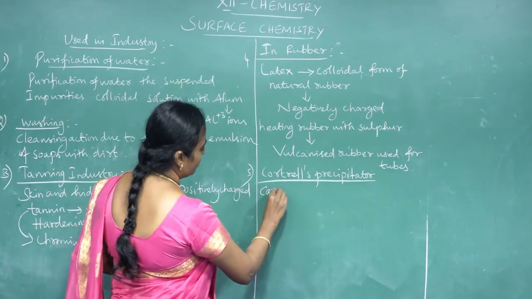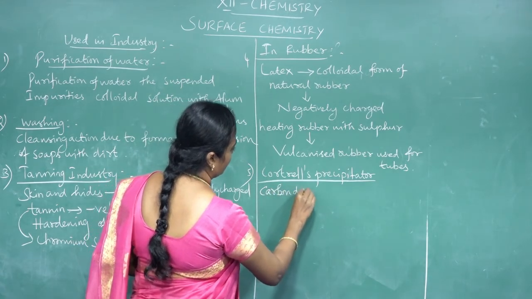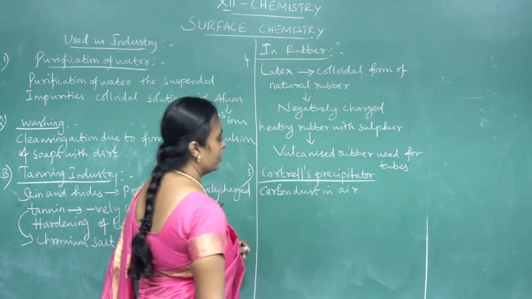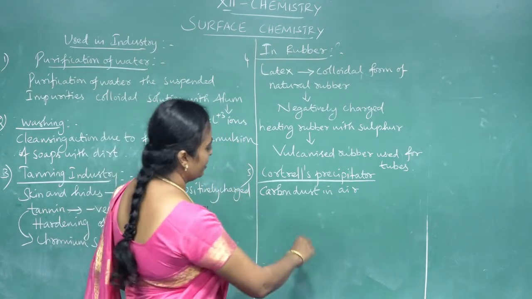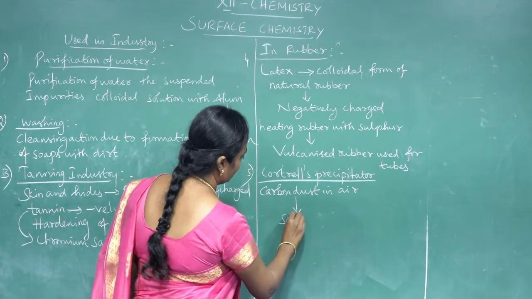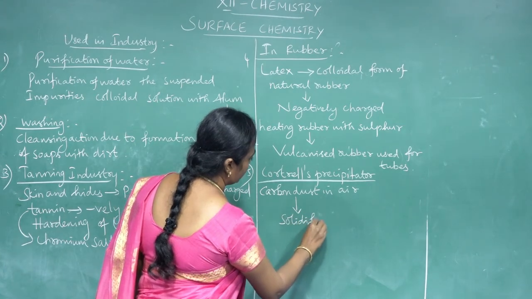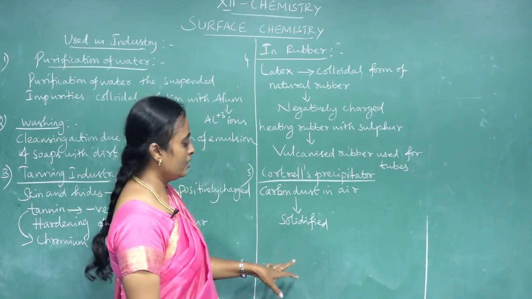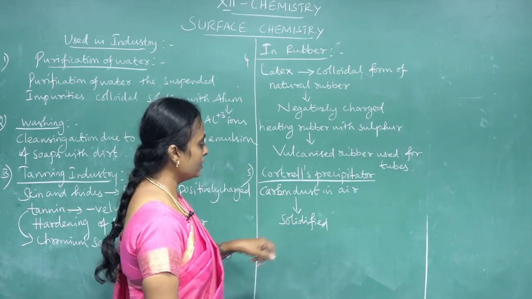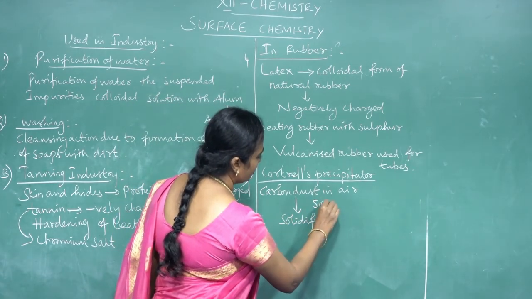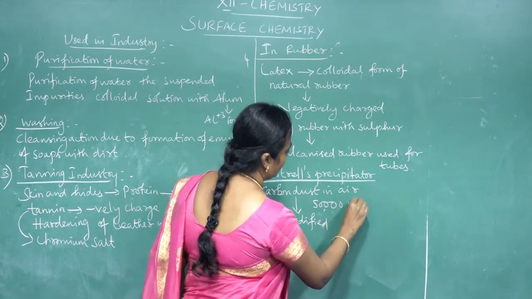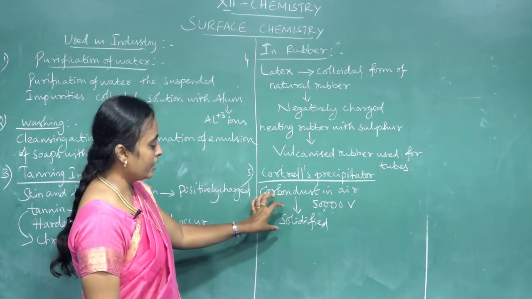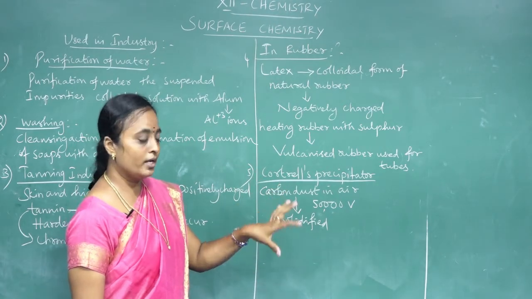So the carbon dust in the air should be solidified by using a Cottrell precipitator. In it, if you pass a 50,000 volt electric current, the carbon dust in the air can be solidified. But how?